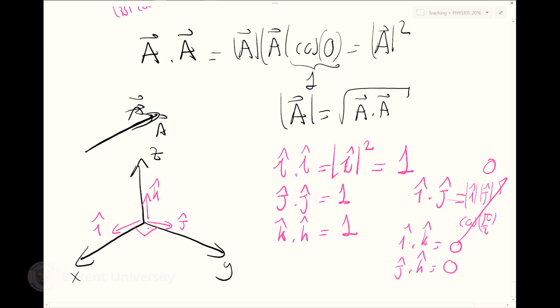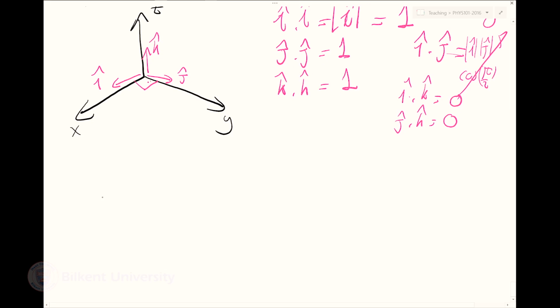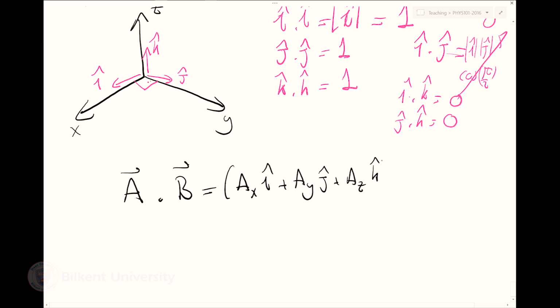Why do I think of these unit vectors? Because without any problem, now I can actually multiply two vectors. A dot B is going to be ax i hat plus ay j hat plus az k hat, dot product with bx i hat plus by j hat plus bz k hat.